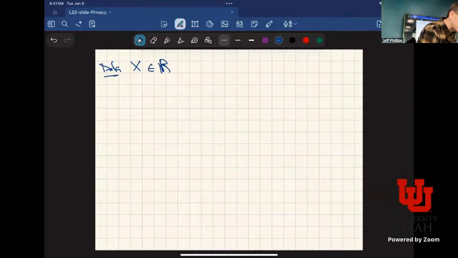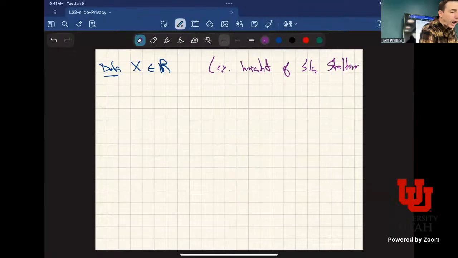For instance, an example: the height of Sylvester Stallone, right? His height is a carefully guarded secret in Hollywood. There are websites devoted to it. But let's say his height in inches.